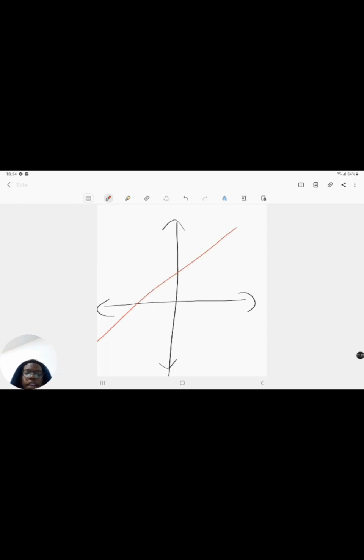Then you draw a straight line, and a straight line looks like that. And then you've got a point here and another point there, right? And they tell you the coordinates for this are 1 and 3. They tell you the coordinates for this are 4 and 5.